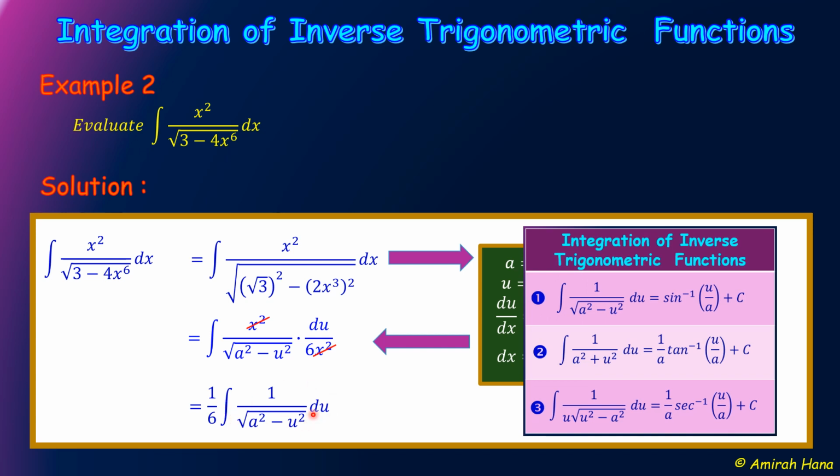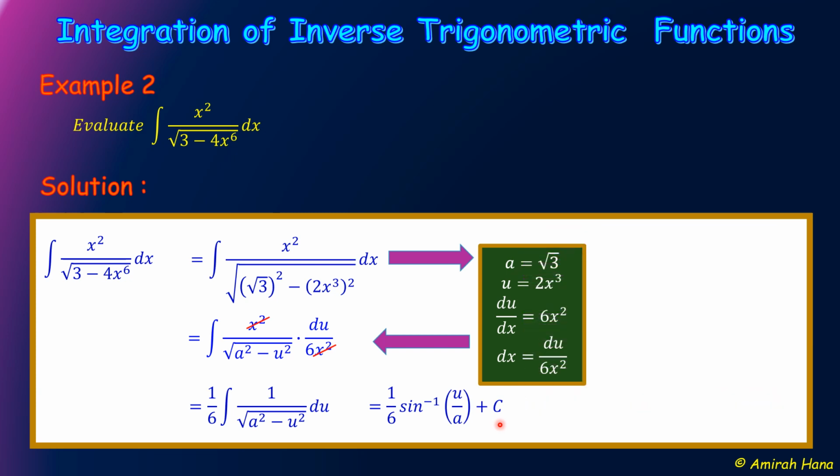And then from here, we can compare with the integration of inverse trigo function formula. The integration of 1 over square root of a squared minus u squared du equals inverse sine u over a plus c.